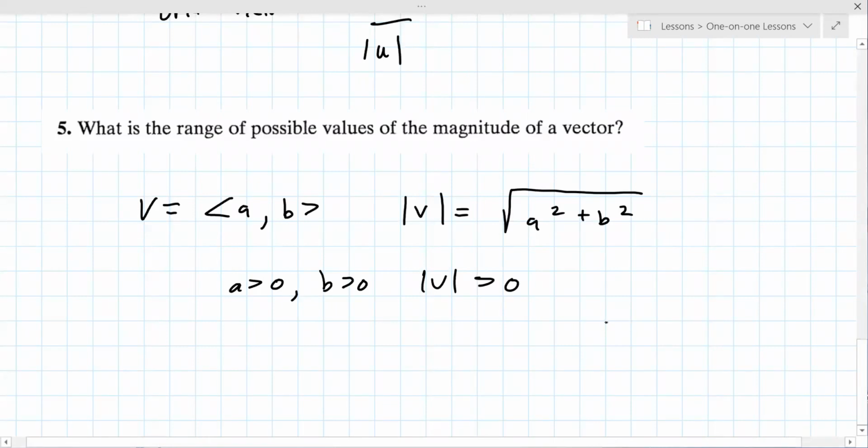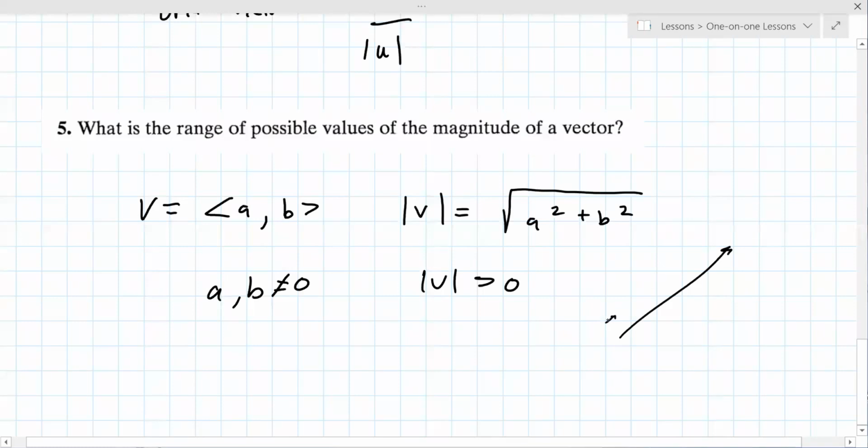A vector could be little or it could be big. A and b can be positive or negative. They could be 0, but they couldn't both be 0, so a comma b cannot be both 0, because then it has no position.